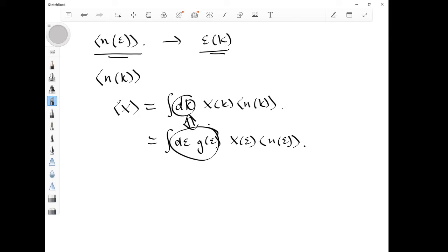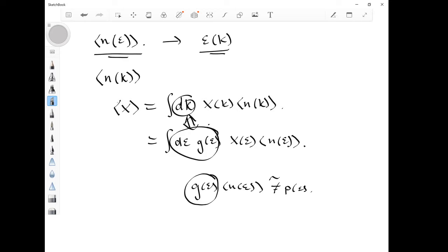Yeah. So maybe don't think about it as a probability per se. Maybe don't think about g(E) as a probability. Think about it as something similar to it, sure. But this is just allowing you to change variables for your probability.